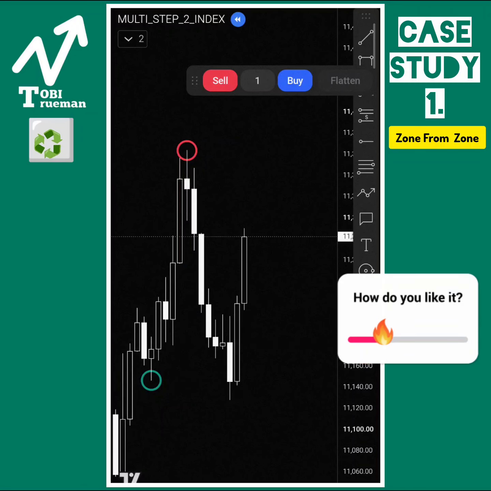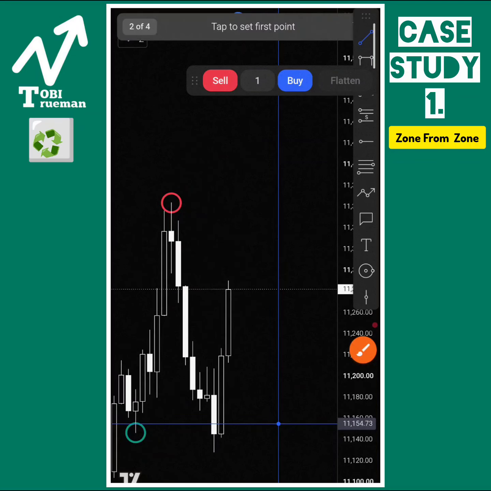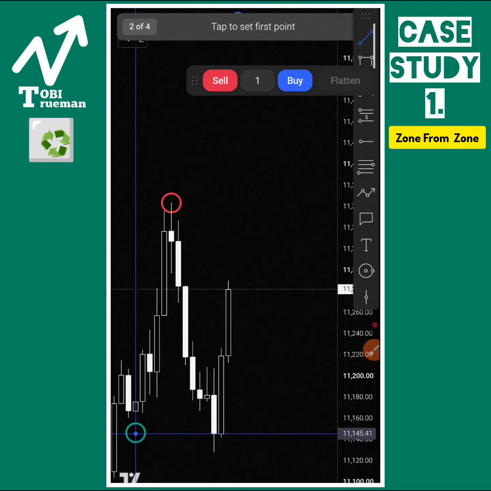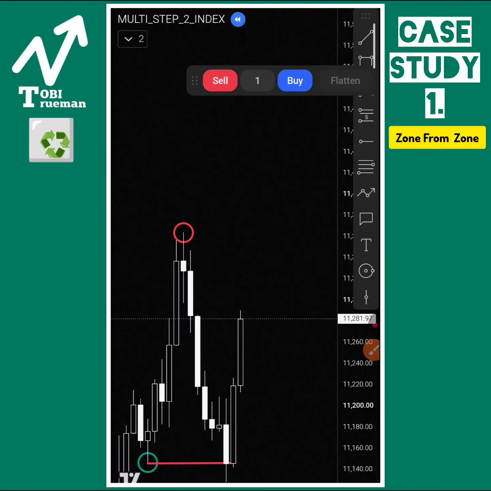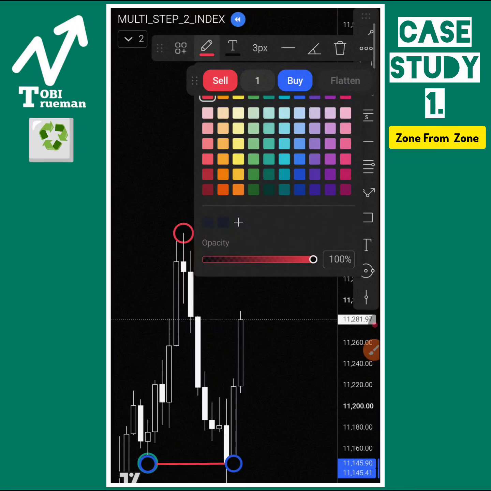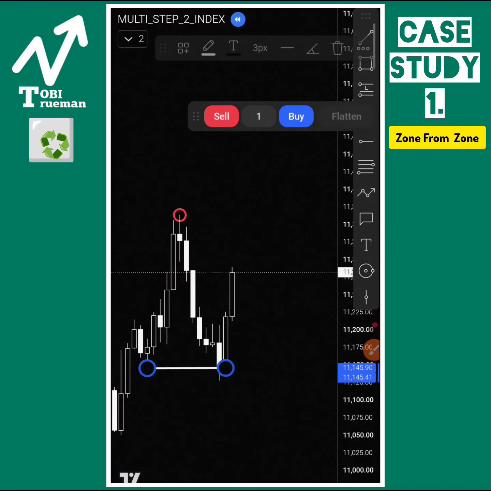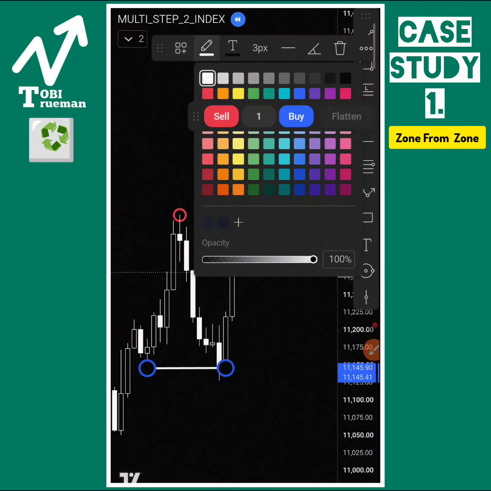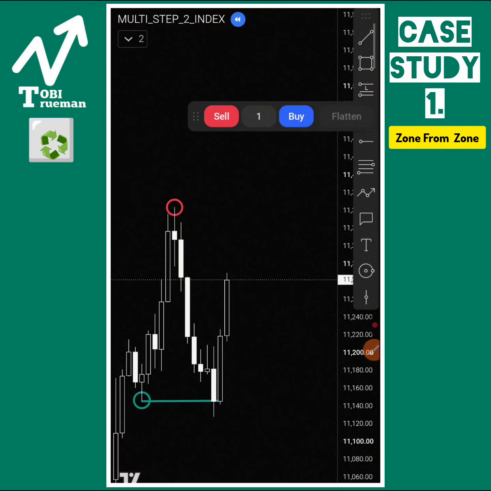Okay, we can now see that price has taken out this low point. Now let me draw a line there. This is what we call a change in direction.